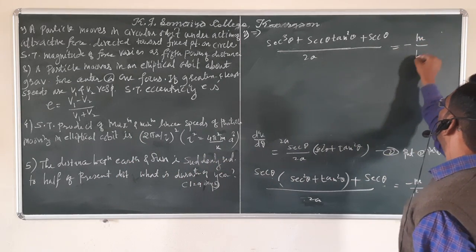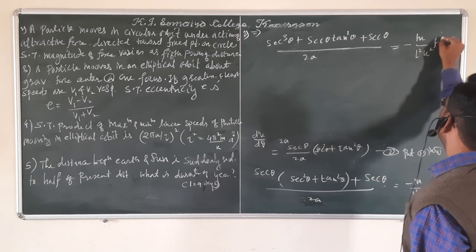Minus m l square u square f of 1 over u.